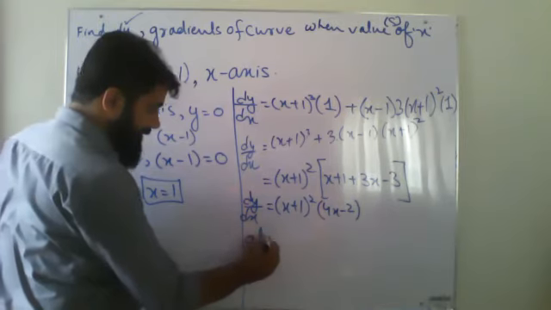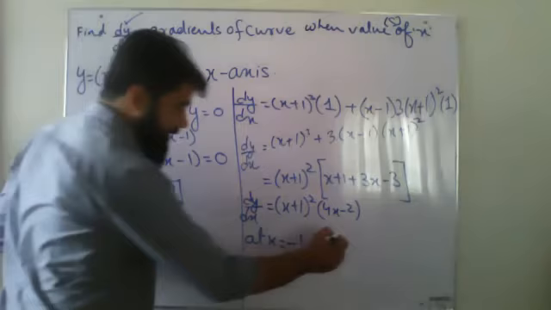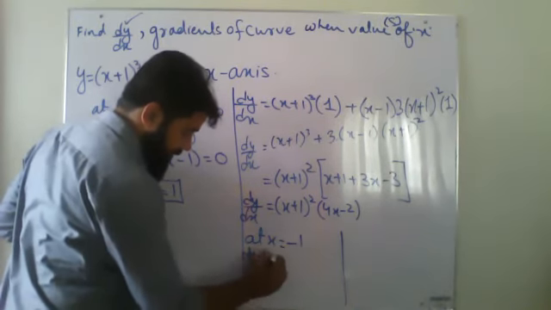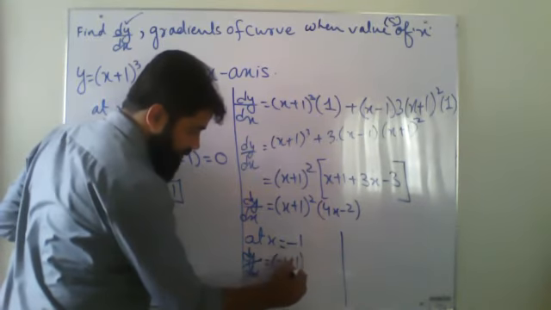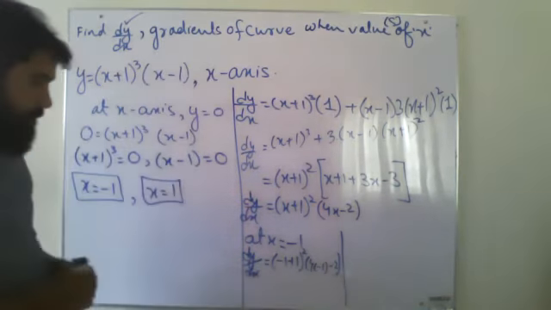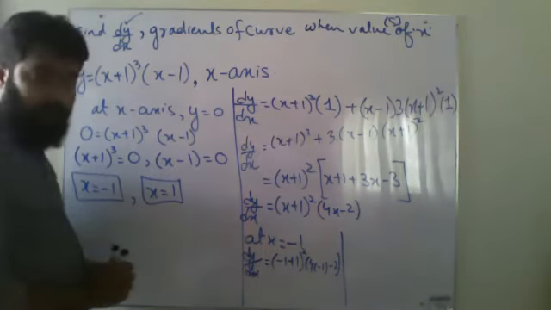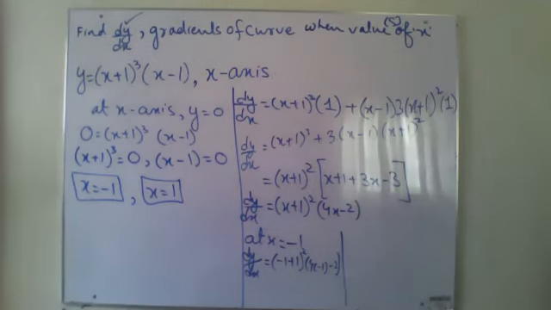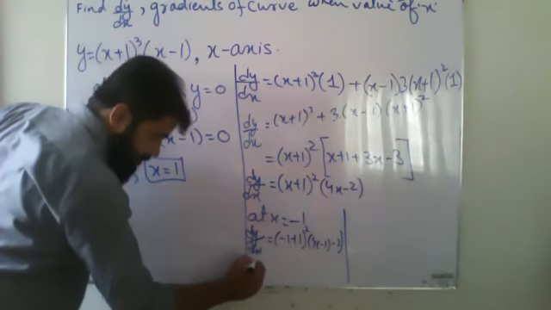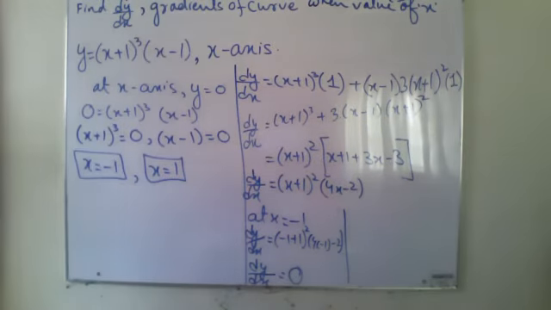Now add x equals to -1. So when I will be doing it with -1, dy over dx equals (-1 plus 1) whole square, (4 times -1 minus 2). So -1 plus 1 will become 0. So everything will become 0. So dy over dx at x equals to -1, the answer is coming 0. Okay.